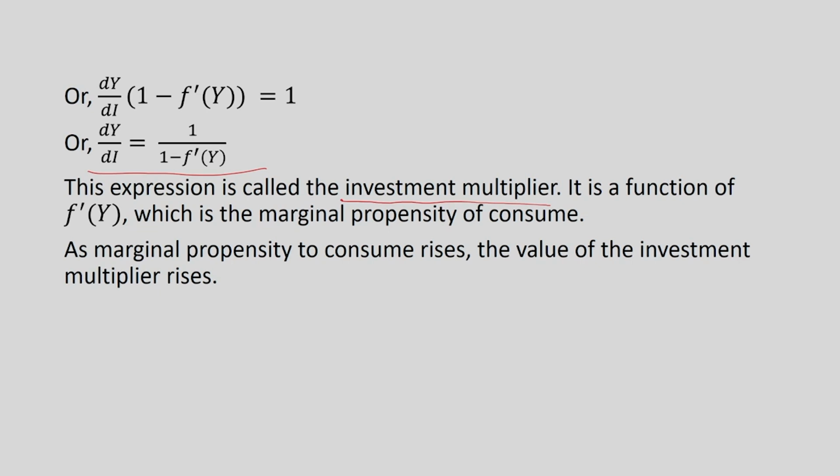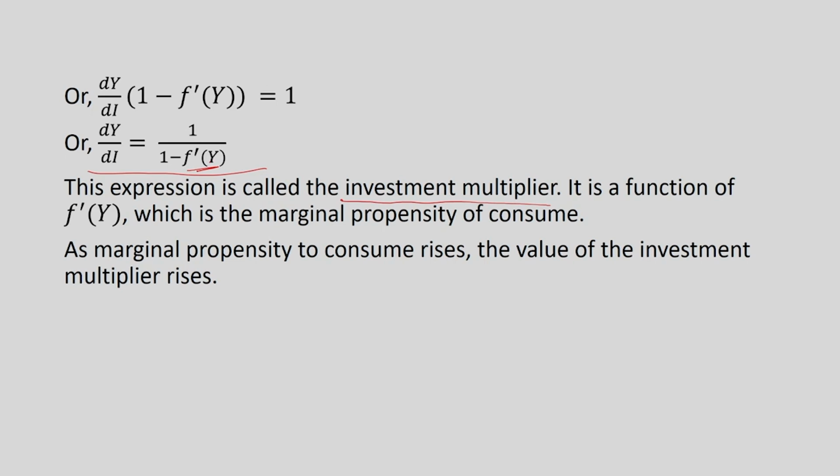So, it shows us the impact of investment on the national income. That is why it is called investment multiplier. And you can see it is a function of f dash of y, because f dash of y is coming in the denominator as a negative term.